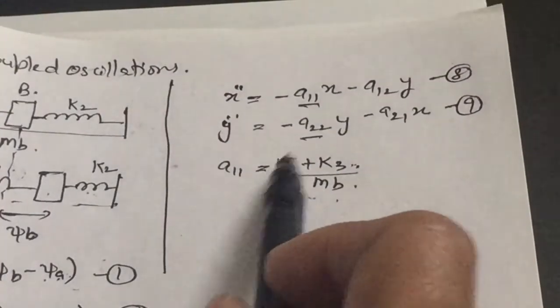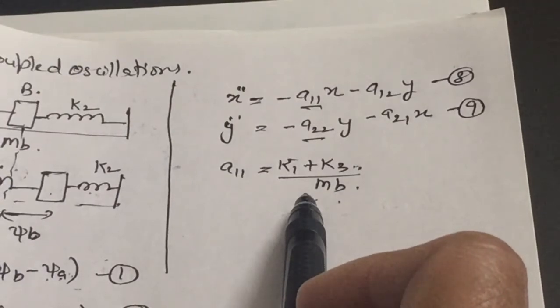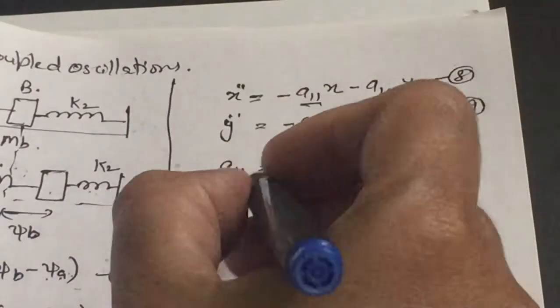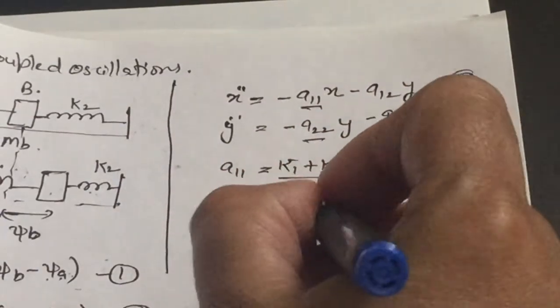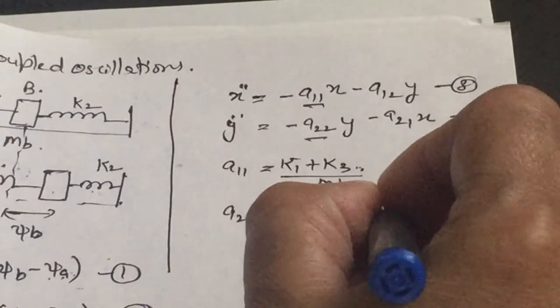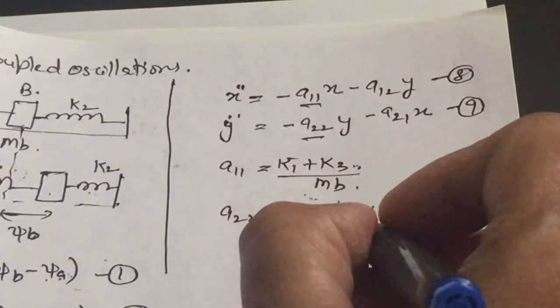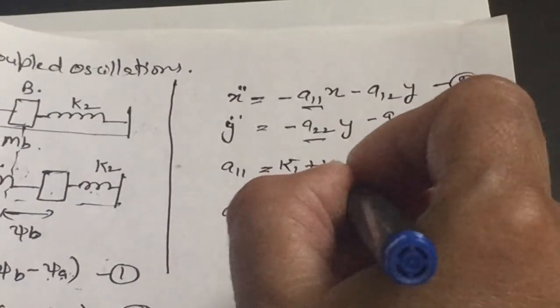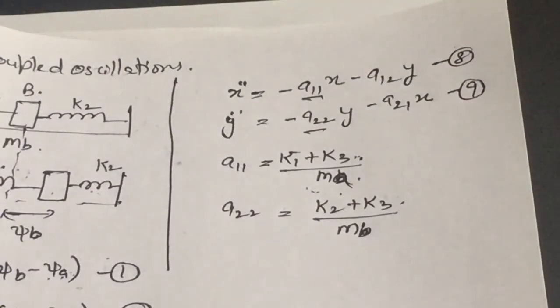And we know that spring constant and inertia factor come in the formula of the angular velocity. Similarly, what is a22? A22 here is k2 plus k3 divided by mB. Here this is MA and here this is MB, that is the mass of the first particle and the mass of the second particle.